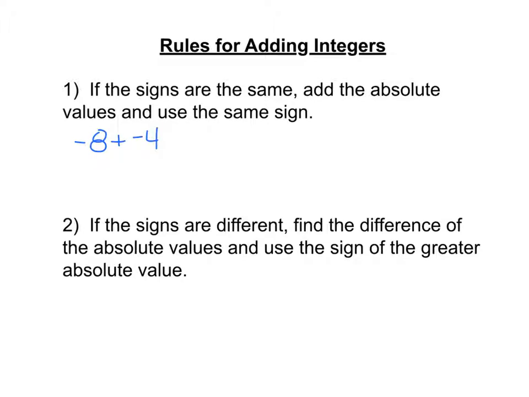In this particular case, the signs are both negative. So I am just going to know what the absolute values of these numbers are. The absolute value of -8 is 8. The absolute value of -4 is 4. I'm going to add those 2 numbers together. I get 12, and I'm going to use the same sign that is present in both of those numbers, so my answer is a -12.